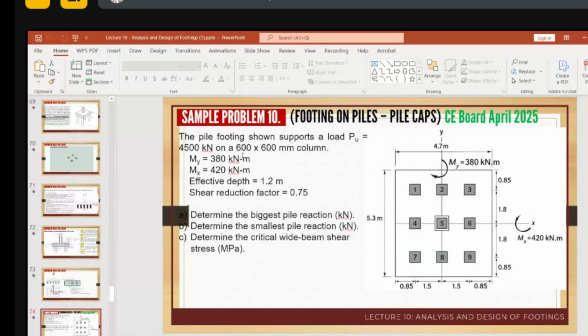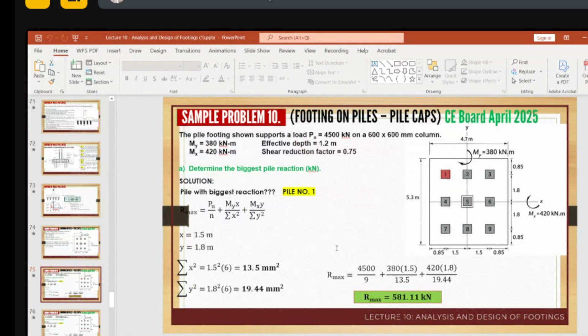The column is 600 mm by 600 mm. The moment along the x is 420 kilonewton-meter, and the moment along the y is 380 kilonewton-meter. Using an effective depth of 1.2 and a shear reduction factor of 0.55, determine the biggest pile reaction, the smallest pile reaction, and the critical wide beam shear stress. So how do we start computing?